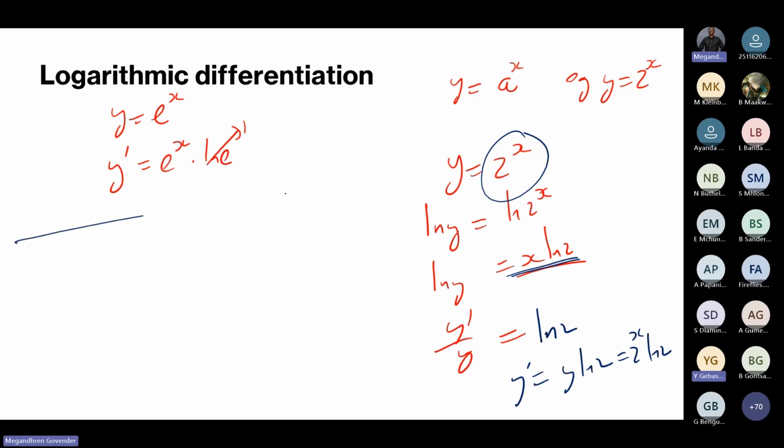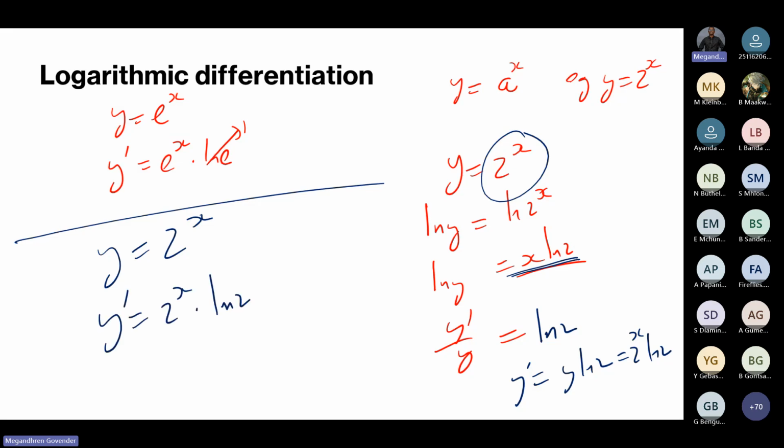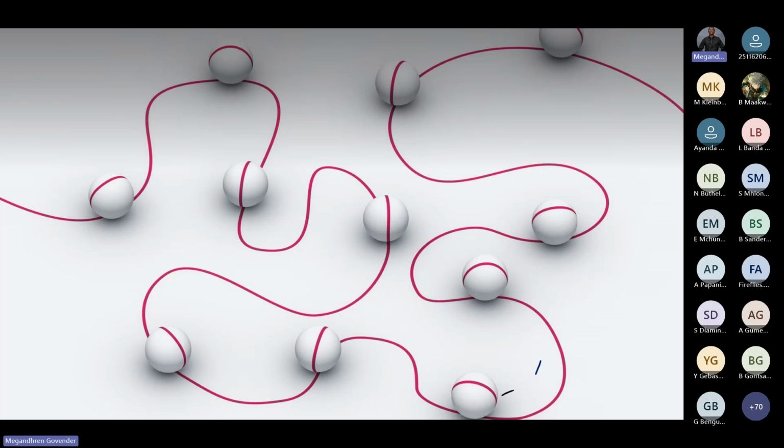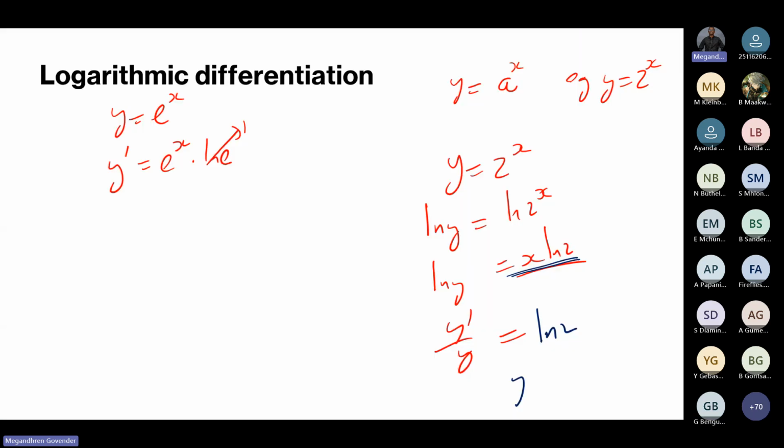So we're saying the following: if y is equal to 2 to the power x, then the derivative of that is 2 to the power x, as you mentioned, times ln of 2. In general, this is what we can say.